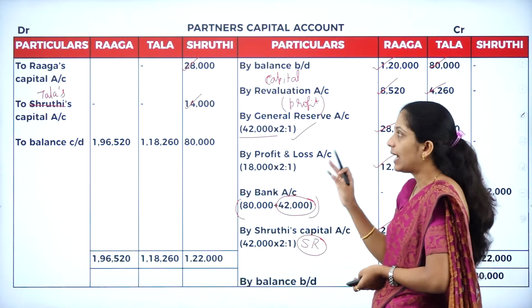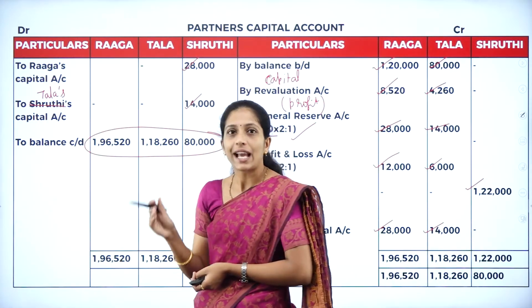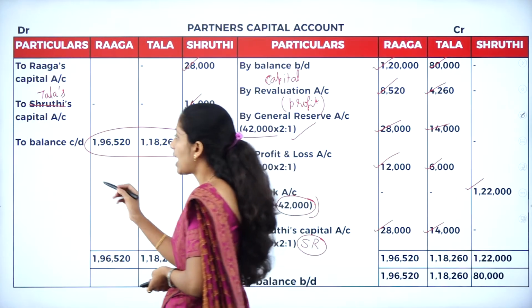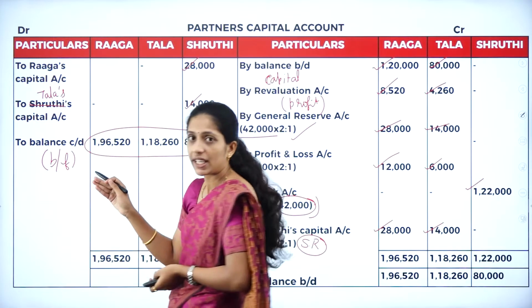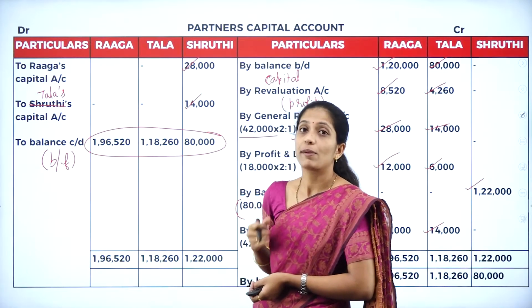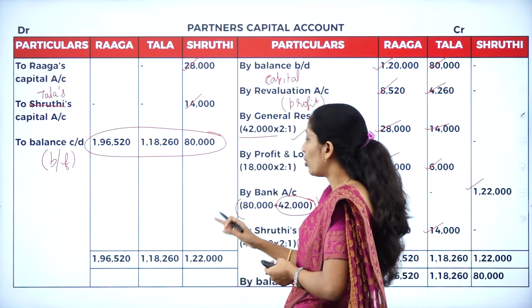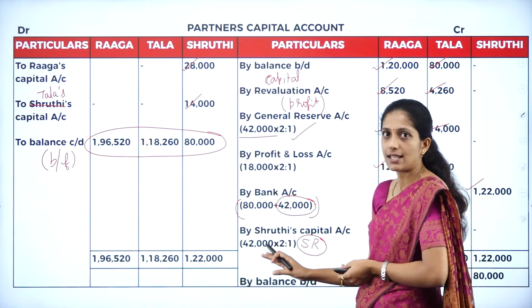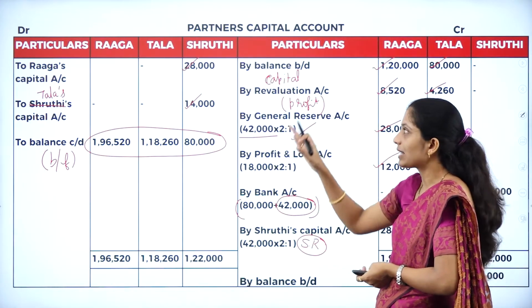Balance both the sides and the balancing figure will be transferred or it will be carried down. The balancing figure has to be carried down and it has to be written as capital in the balance sheet. So this balance will be transferred to the balance sheet. So hope you know how you have to balance, right? Same as your ledger account, you have to balance each column.